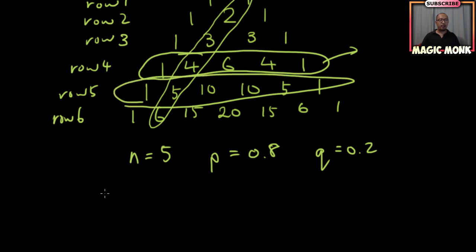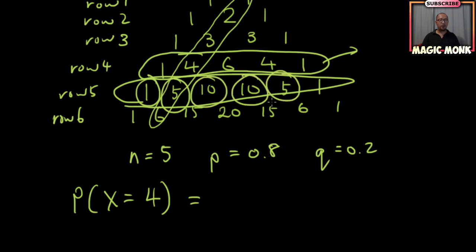Okay, what is the probability of getting 4 successes out of 5? So you're going to go probability of getting 0, 1, 2, 3, 4. 4 successes. There's 5 combinations.